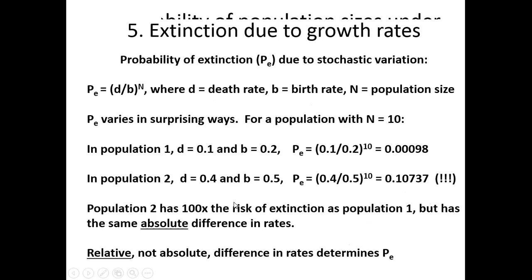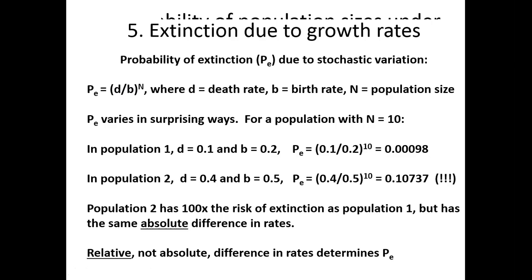All right, now last thing is we can estimate the probability of extinction. If you're growing stochastically, this is one of those random processes that we can model just using mathematics. Okay, so the probability of extinction, if you are growing stochastically, is the death rate divided by the birth rate, D divided by B, raised to the n power, where n is the population size.